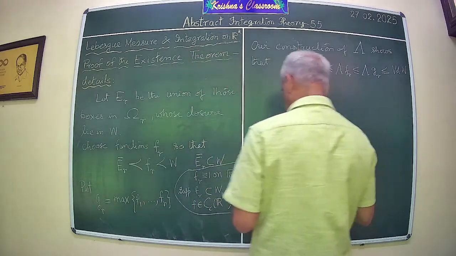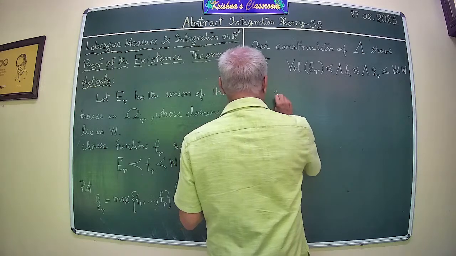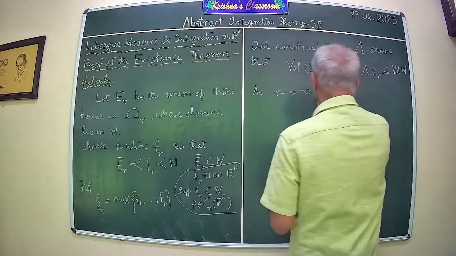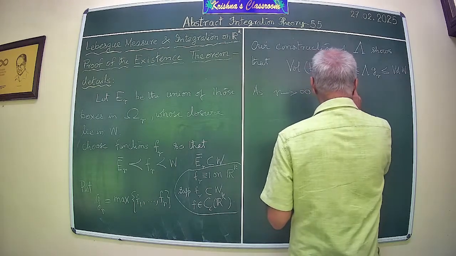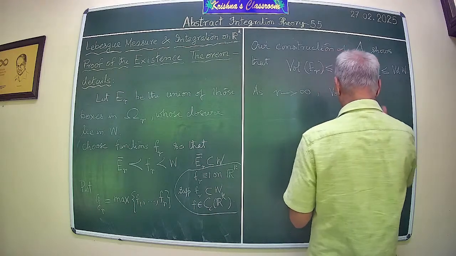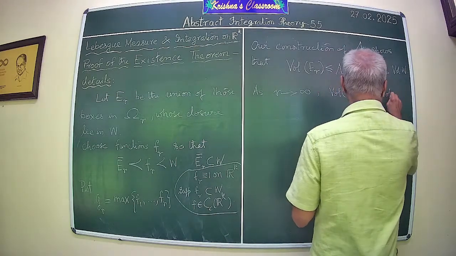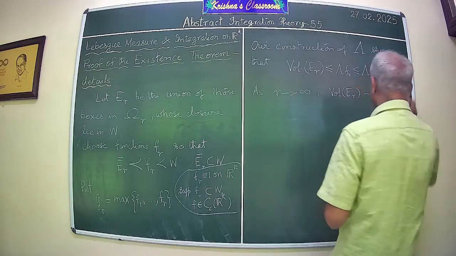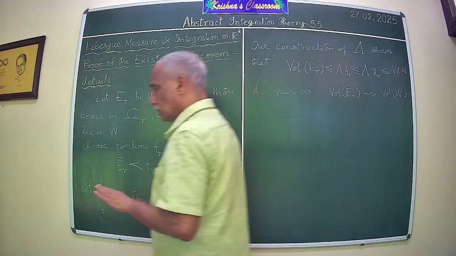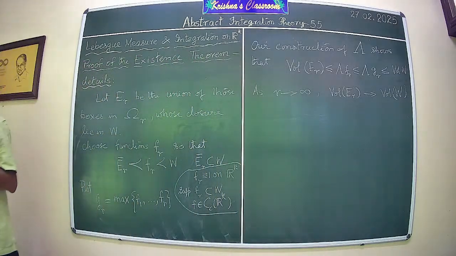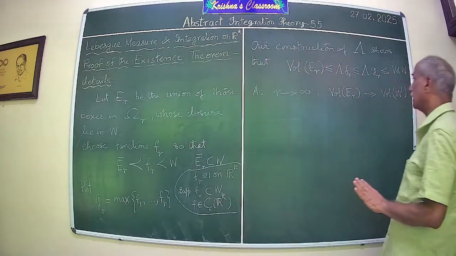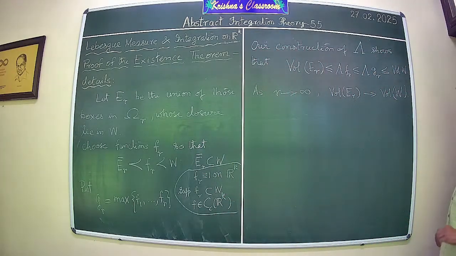Okay. Now, as R tends to infinity, volume of ER tends to volume of W. Because ER is approximating W from within using these compact sets ER.